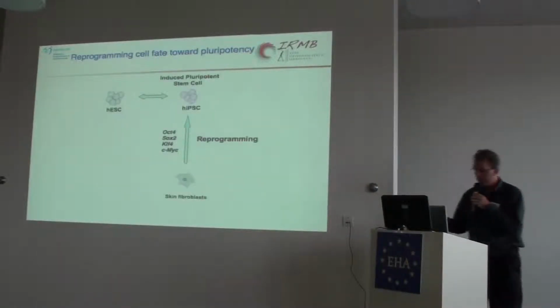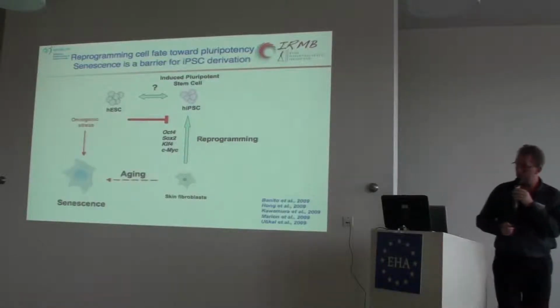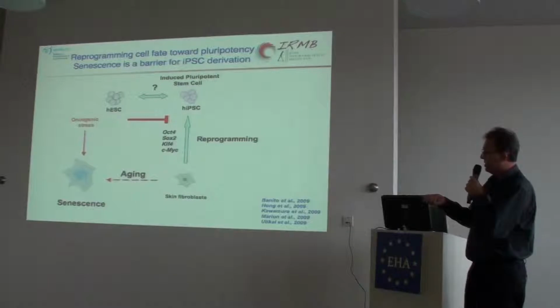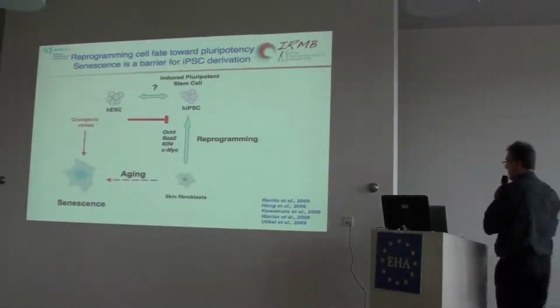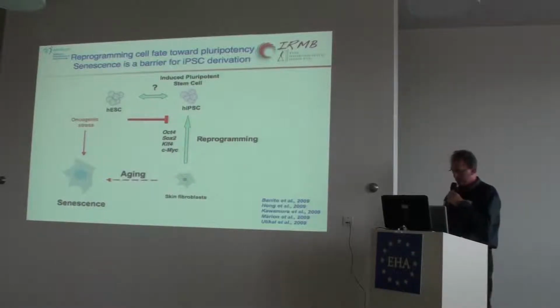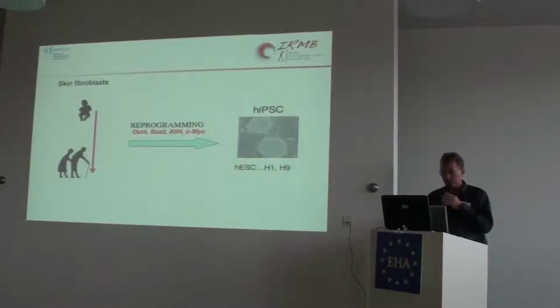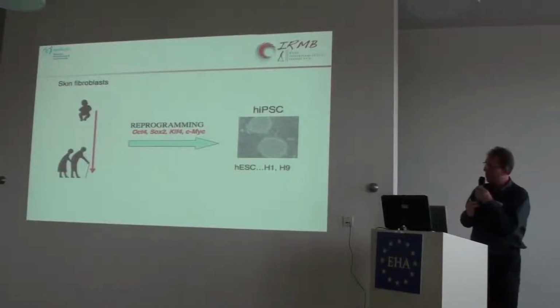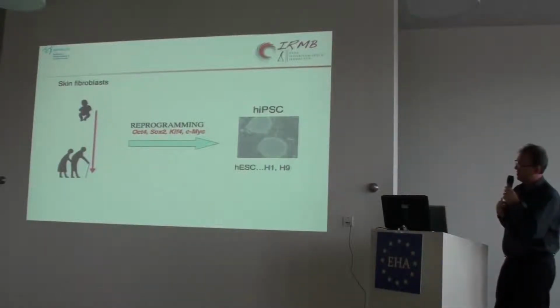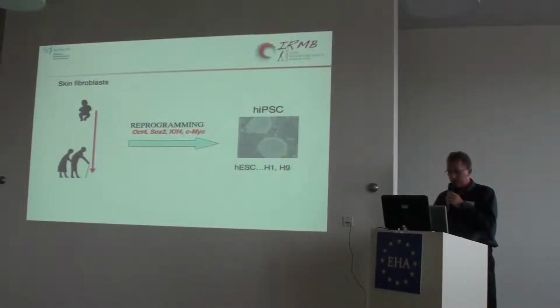When we reprogram with these 4 factors, the problem is that we have a sort of oncogenic stress, and a lot of work showed that senescence is a real barrier to reprogramming using these 4 factors. So we decided to check this, and when we started from senescent cells, effectively we could not reprogram them.